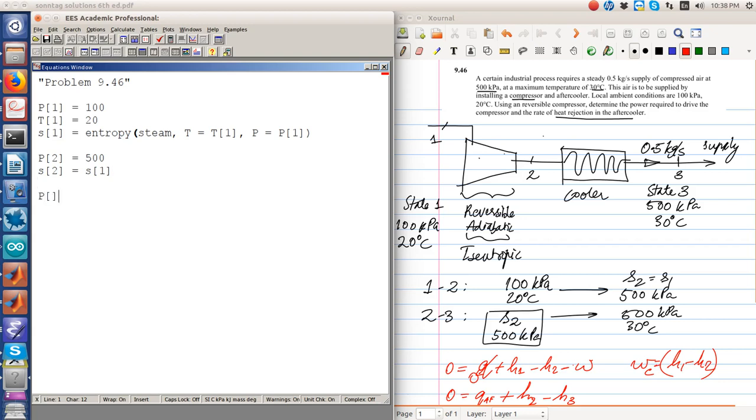Okay, P3 is equal to 500 and T3 is equal to 30.